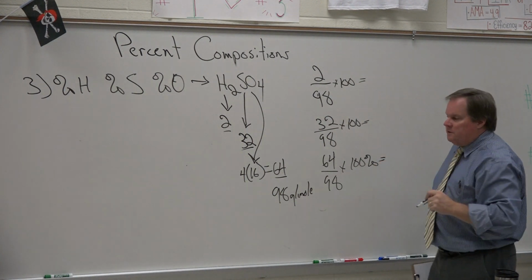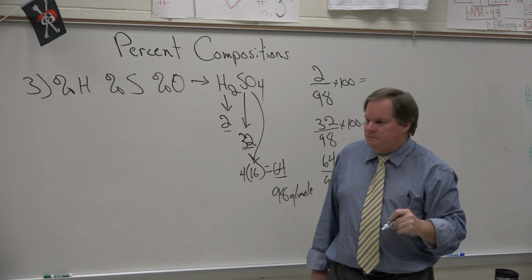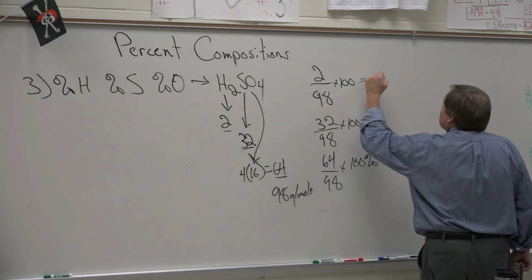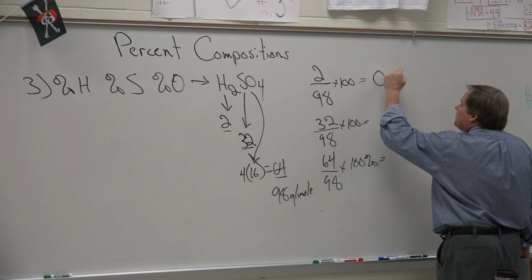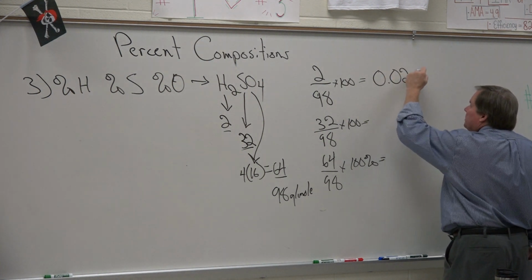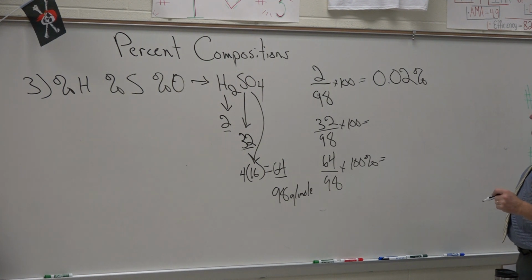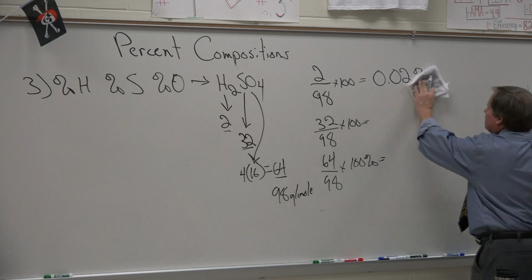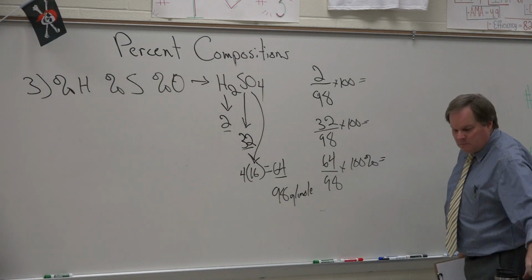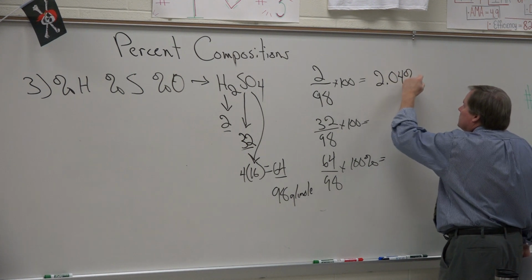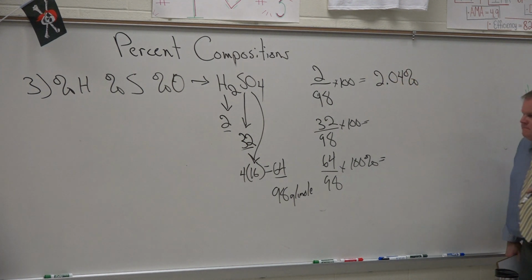Who's crunched those? 0.02%. Did we multiply that times 100? Oh, no. All right, so that's 2.04%. Looks a little better. Next one, 32.65%.